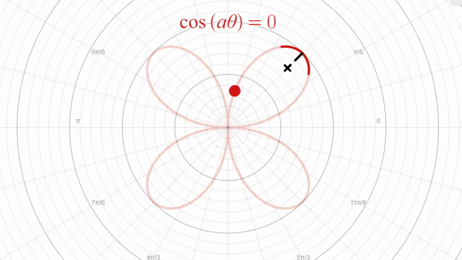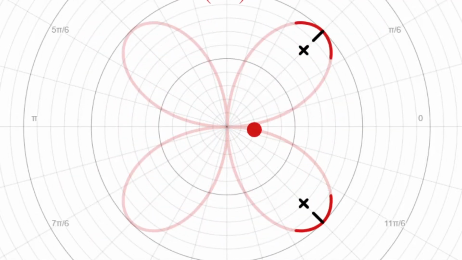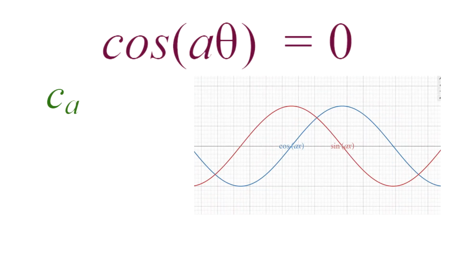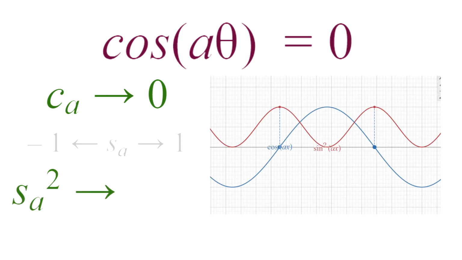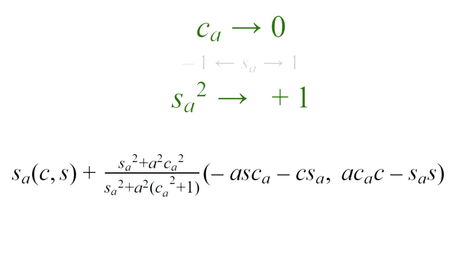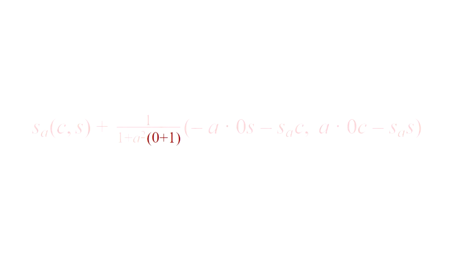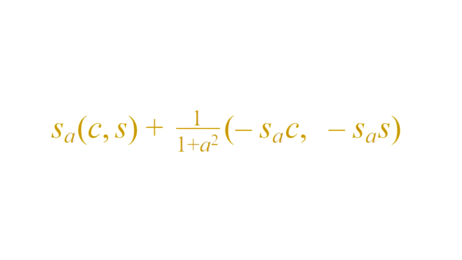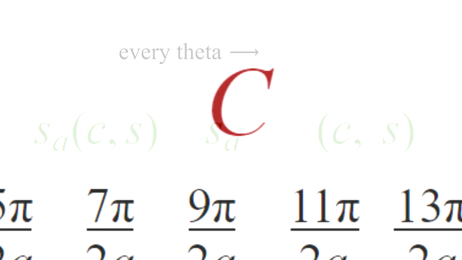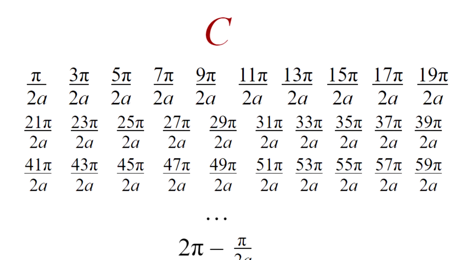Now the inside pseudo-foci, which are those from the solutions of cosine a theta equals 0. Like before, every c sub a will be replaced to 0, and every s sub a squared will be replaced to 1. By doing so, the parameter turns into this. Then, as I acquire my simplified result, I will replace every theta from the shorthand variables to big C to represent the solutions of cosine a theta equals 0.